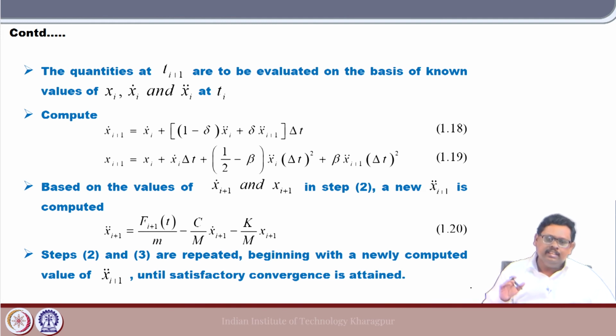We are going to discuss all the details, what is delta, what is beta, what is the Newmark beta method, and so on, next class. But today the objective is, suppose I am getting this velocity, this displacement, this acceleration at the sections. So, now I am writing a beam.